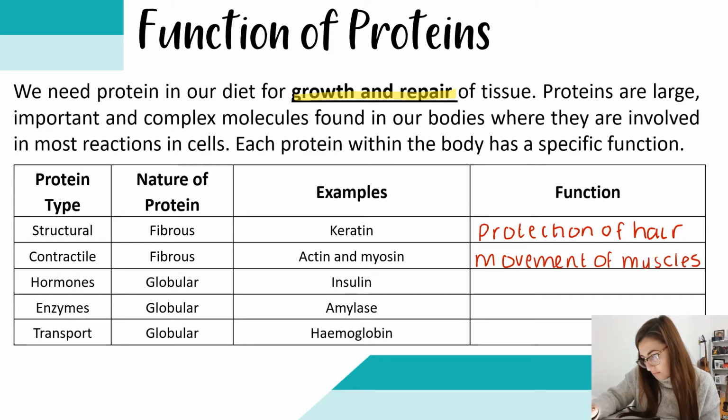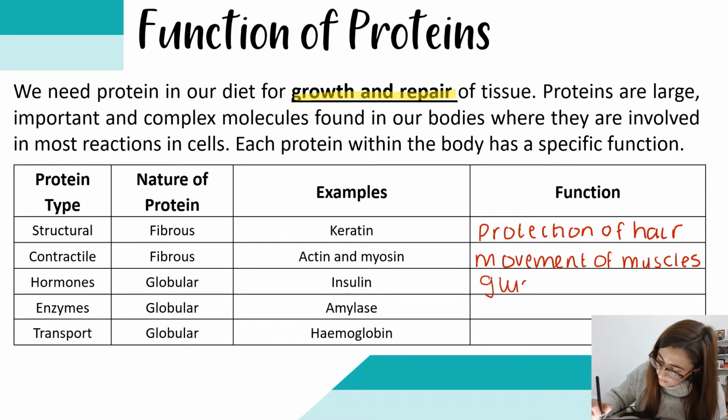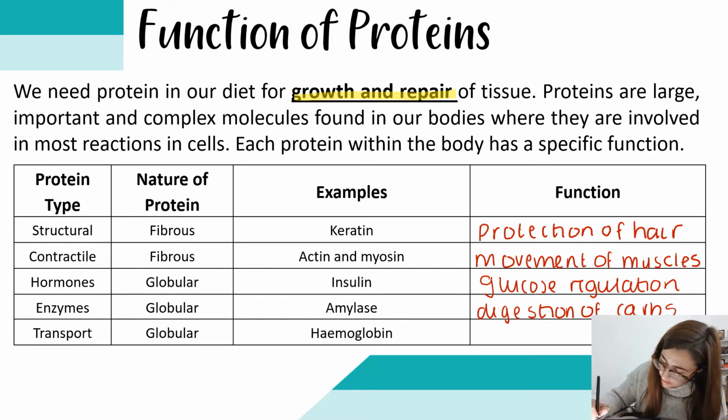We have insulin, which is involved in the regulation of glucose. We have amylase, involved in the digestion of carbohydrates. And hemoglobin, which is involved in oxygen transport.